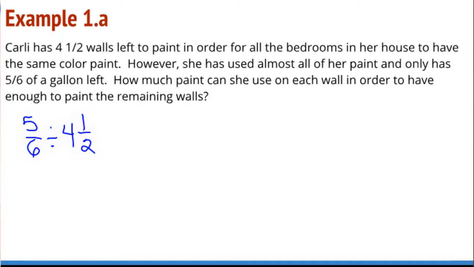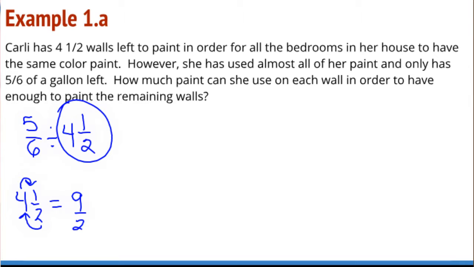Now, the strategy we're working on today is converting the mixed number to a fraction and then using our invert and multiply rule. So I've got 4 1/2, and 2 times 4 is 8, plus 1 is 9. So I have 9 halves. 5/6 divided by 9 halves.